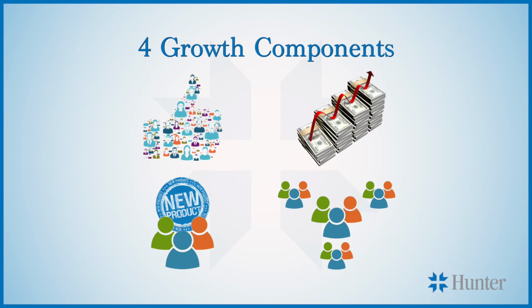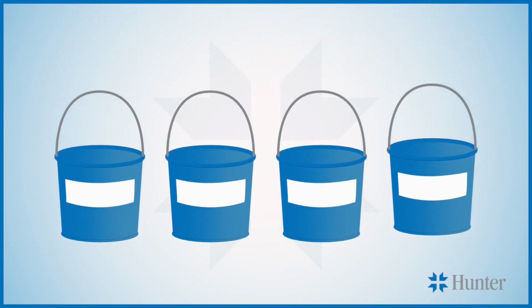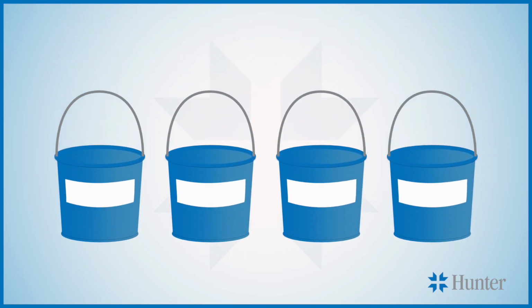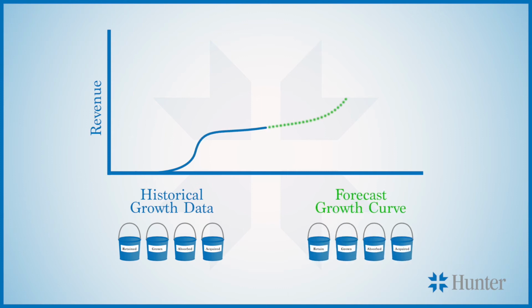Now you can take practical steps to accomplish growth with each of them. Divide sales and annual revenue growth or decline into these buckets: retained, grown, absorbed, and acquired. Extend this historical data that's in each of these buckets into a forecast for next year, assuming that business will continue along the same curve.